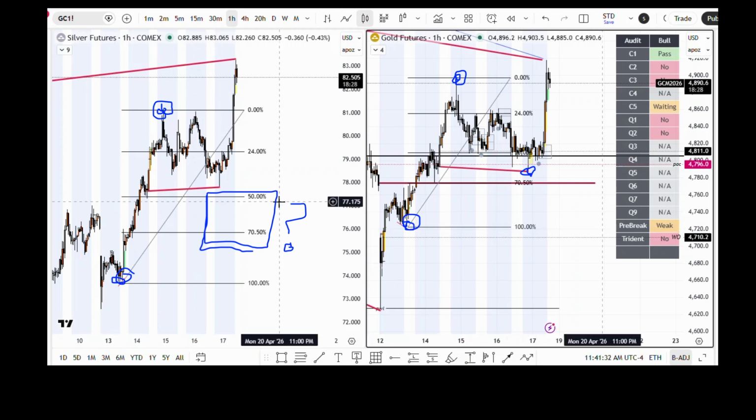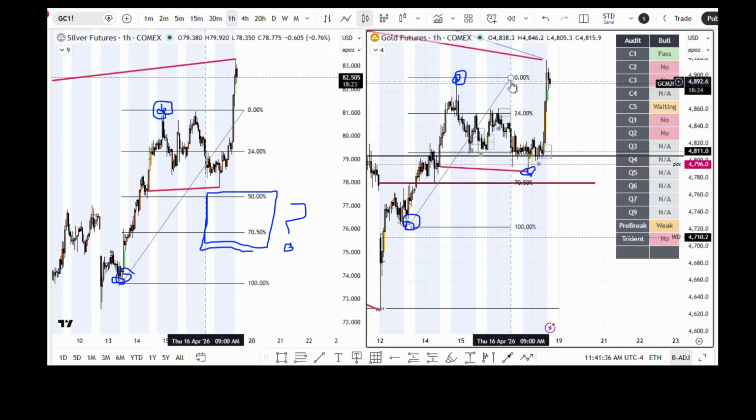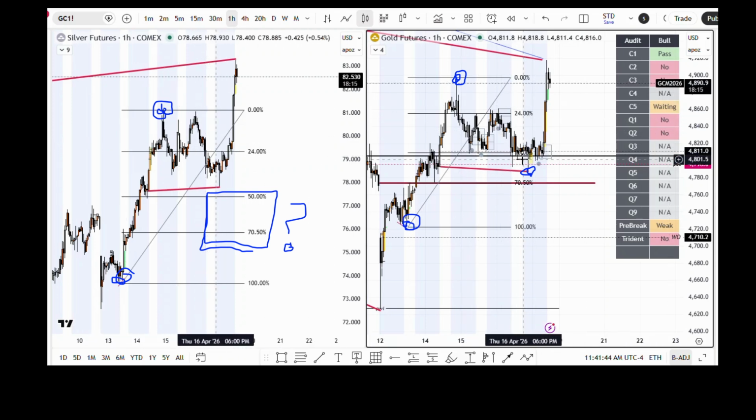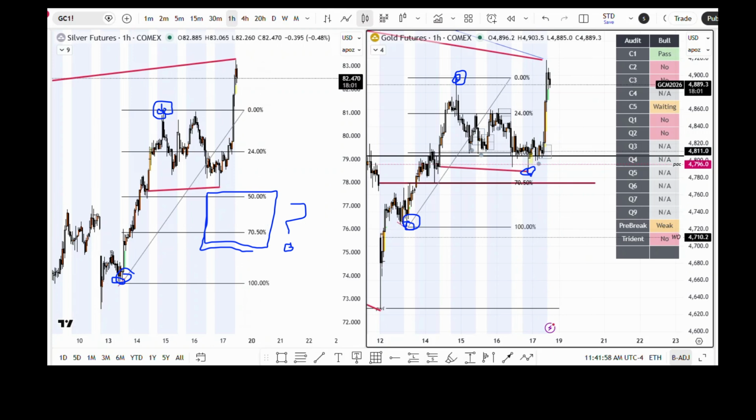Now you have this low and this high, which makes your range 1, your A to B leg. And then what we are looking for is a retracement into the kill box. So we've done that on gold, but we haven't done that on silver. Now, every other check is fine. SMT is there, fair value gaps are there, every other thing is great. In fact, I can do a very basic volume check right now.